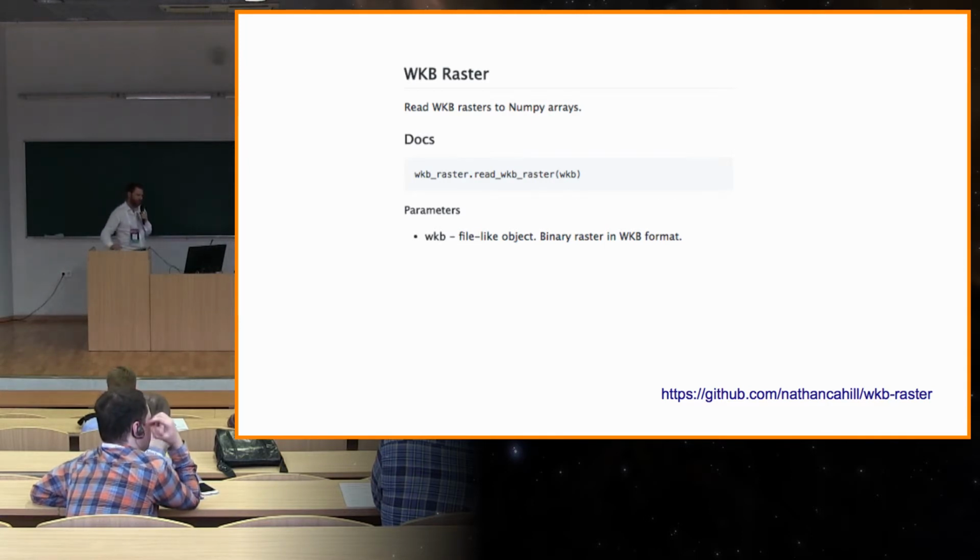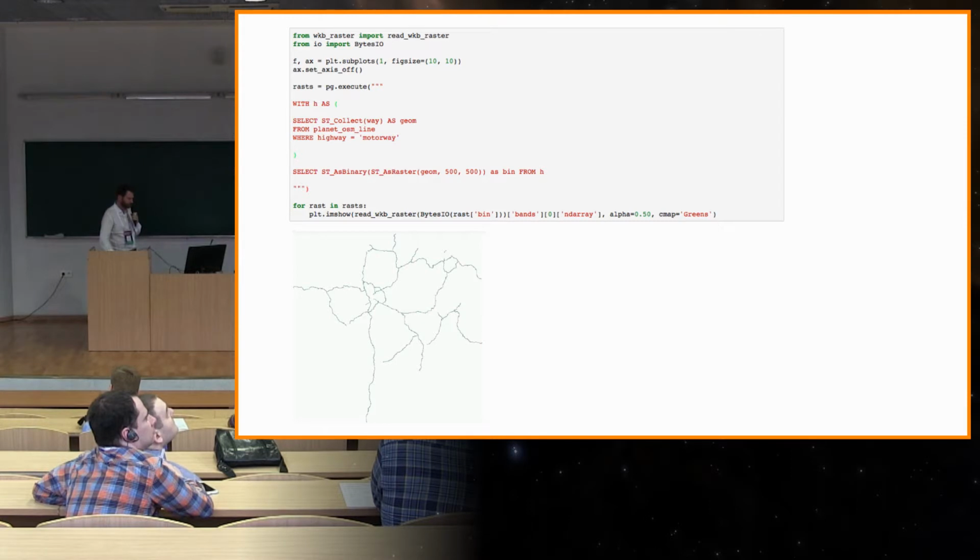There is a Python extension called WKB raster provided on this GitHub website, and if we call it, here we grab some geometry and convert it to raster. So we grab some vectorial features. Here it's from OpenStreetMap, so we grab only the main motorway roads.